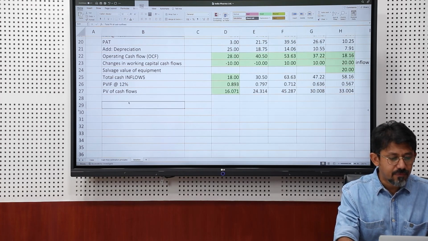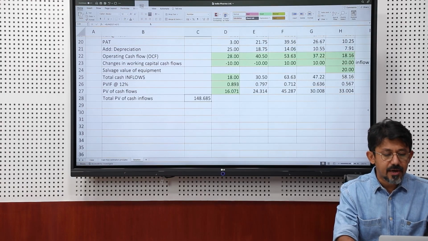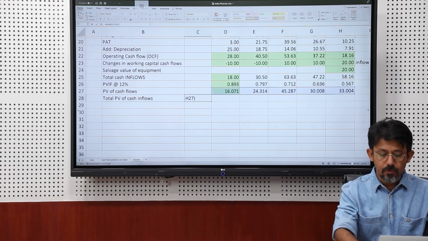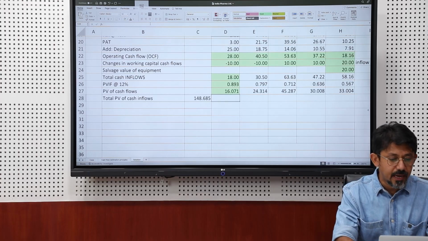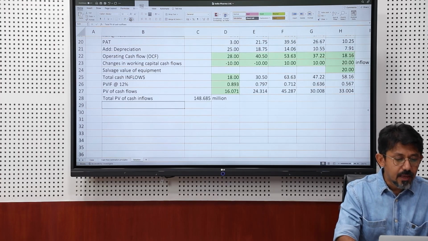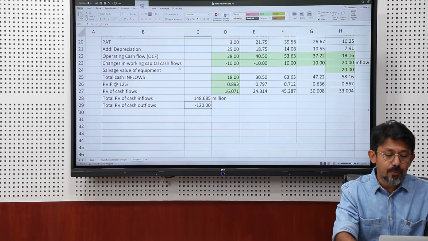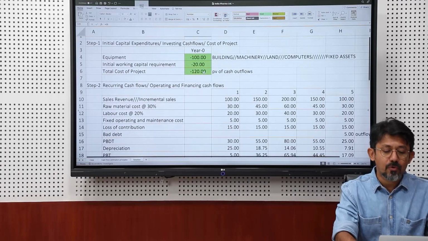So, my total present value of cash inflows is 148. It's a summation of all of this, 148 million to be precise, less my total cash outflows were 120 million, that is from step 1 over here.